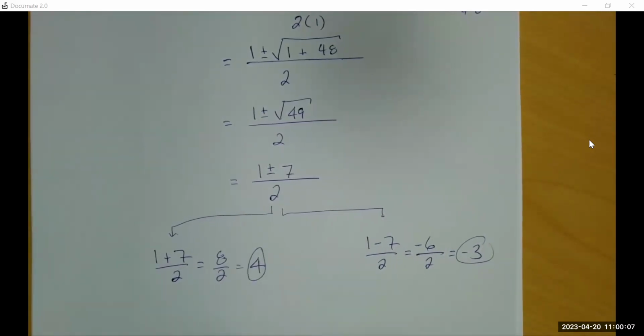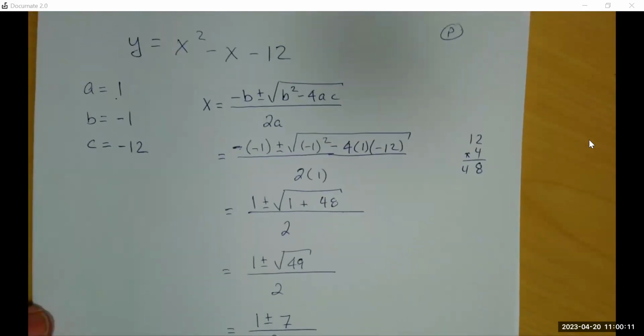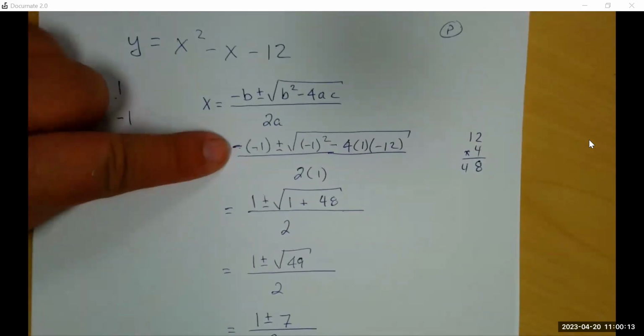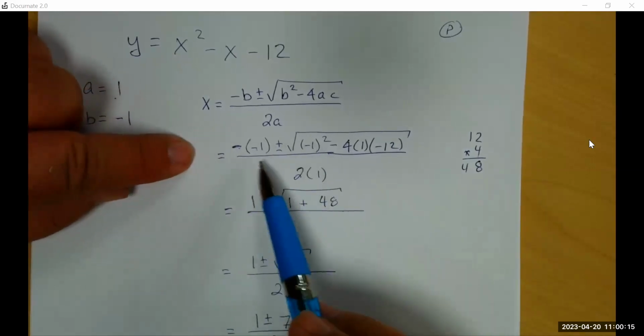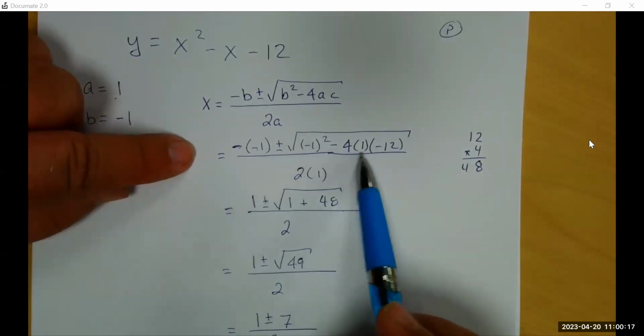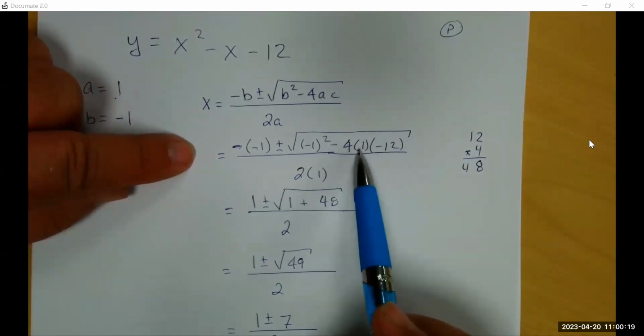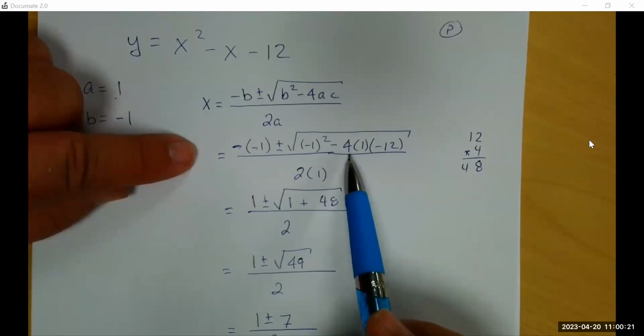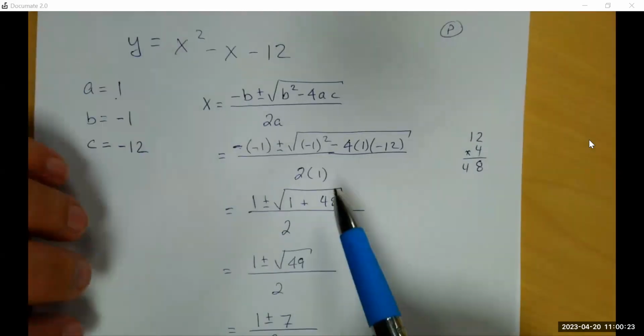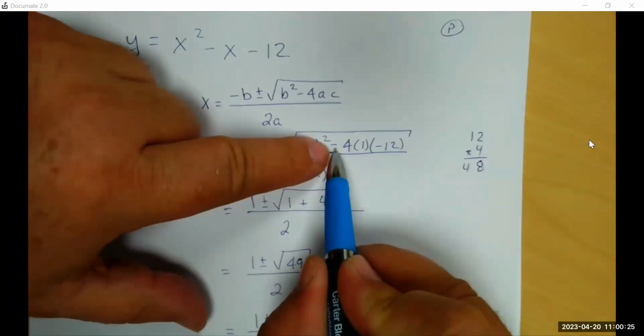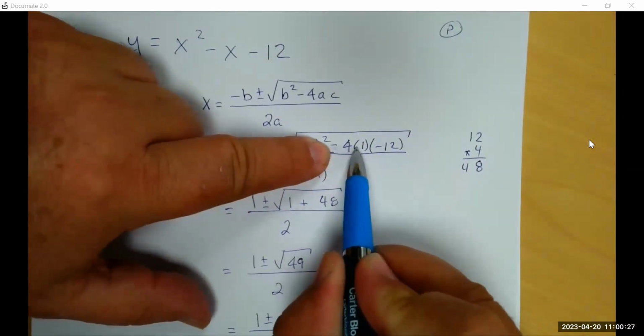So, yes, if you go up to where it's negative 1 squared, that one, you move in the radical. So you multiply negative 4 times 1. Well, actually, remember, always treat the signs and numbers differently. So 4 is negative. Negative times positive is negative.